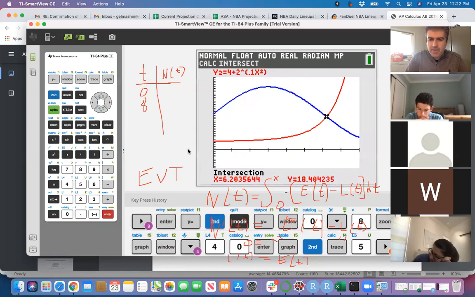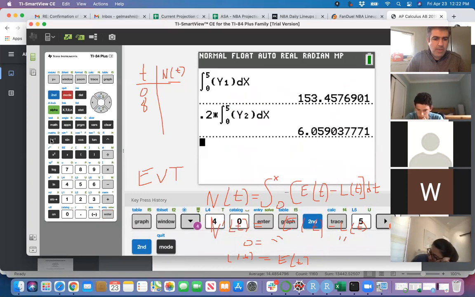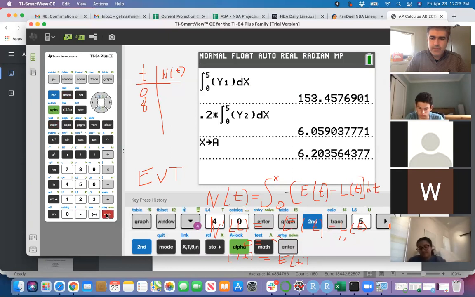I'm going to store that so I don't lose track of it. So X store, I'll call this alpha A, because you need to be very precise here. Now I have to find which of these provides the highest number of fish. And that's 6.204.